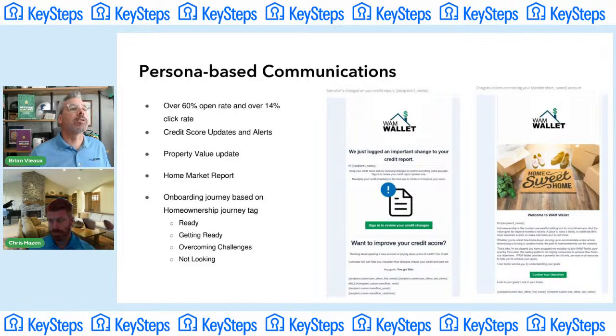We do see over a 60% open rate on all the emails that go out. And it's because they're timely, and those emails are driven by data changes that are happening in the consumer's app. Things like credit score change, property value change, where they are on their home readiness journey, et cetera.